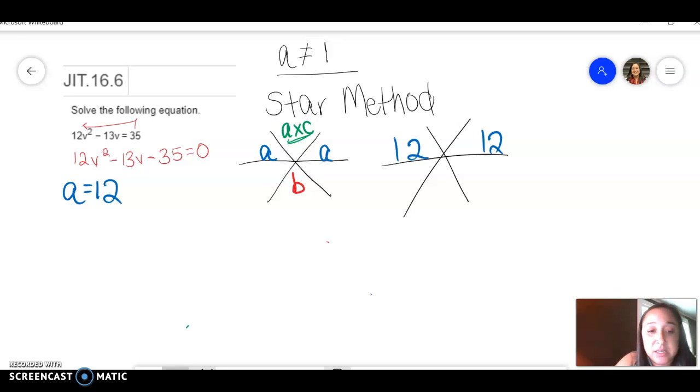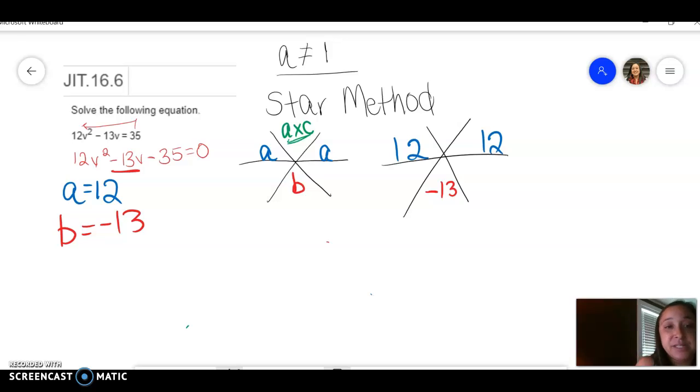Now the next easy thing for us to do would be to figure out what our B is. Our B is that middle term, and we can't forget the sign. The sign there of my B is negative 13. And on top, my A times C, well, my C is equal to negative 35.